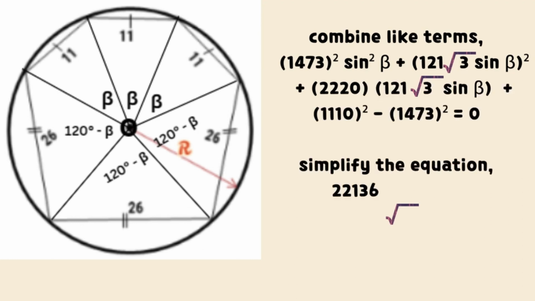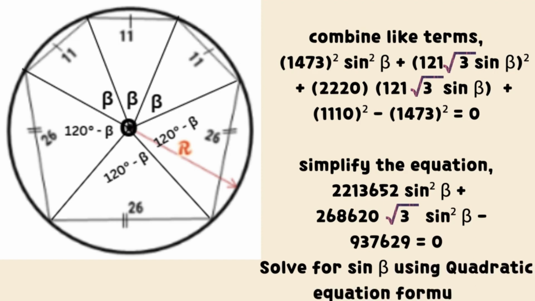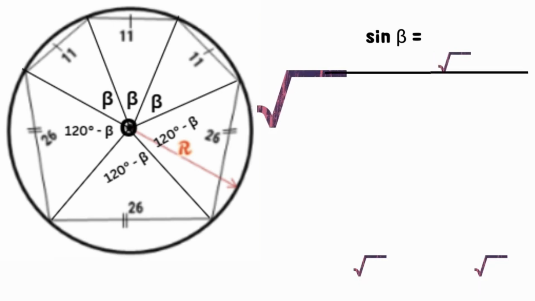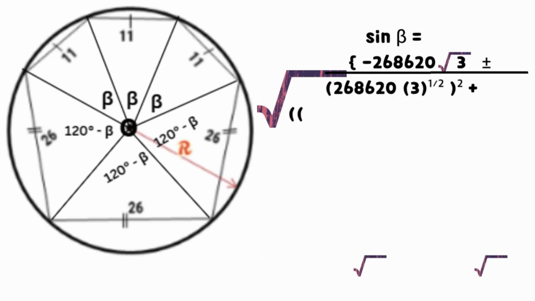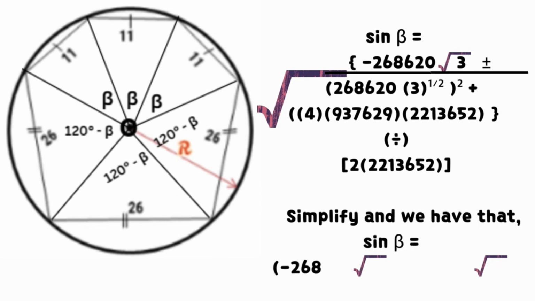Simplify the equation and solve for sine beta using the quadratic equation formula. Substitute the coefficients of the terms formed by the variable sine beta in the quadratic equation. We assume you already know the general formula used to solve a quadratic equation. For that reason, simplify the equation in sine beta as shown on the screen.